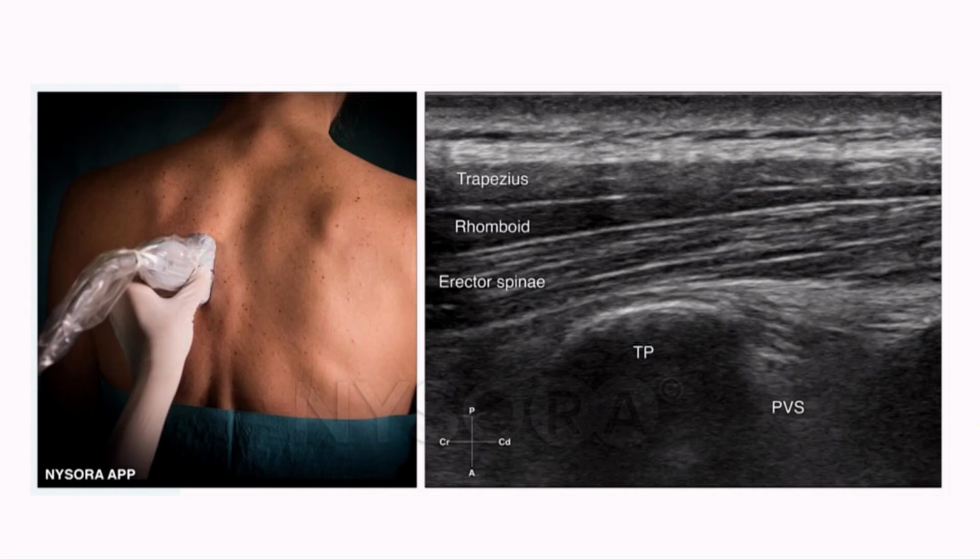So what we are going to do, again we are going to come from here, go and hit the transverse process. Most people do not do this. Go and hit the transverse process, withdraw 1 or 2 mm back and then inject. Ideally what will happen is the erector spinae will lift off from the transverse process of the vertebra. That is what we want.